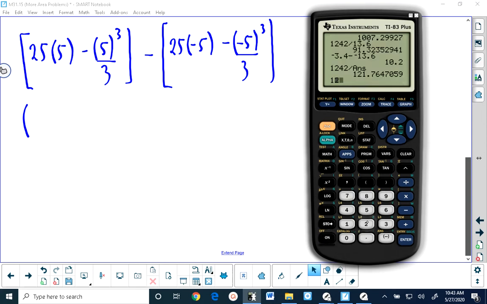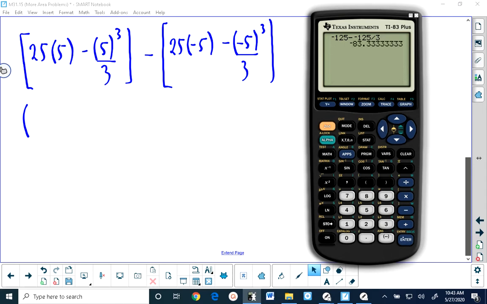25 times 5 is 125. Then I have to subtract 5 cubed, which is 125 over 3. We get 250 thirds. For the second part, I get negative 125 minus negative 125 over 3. I think some of you see what's going to happen here.